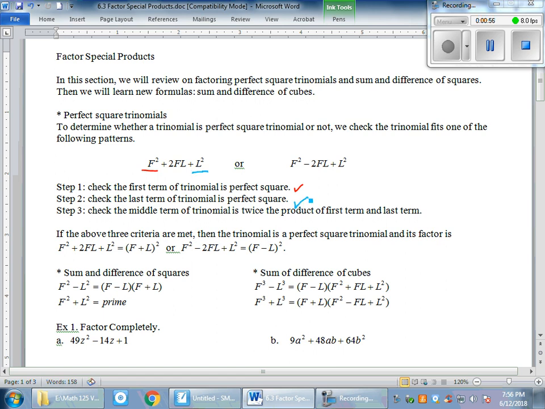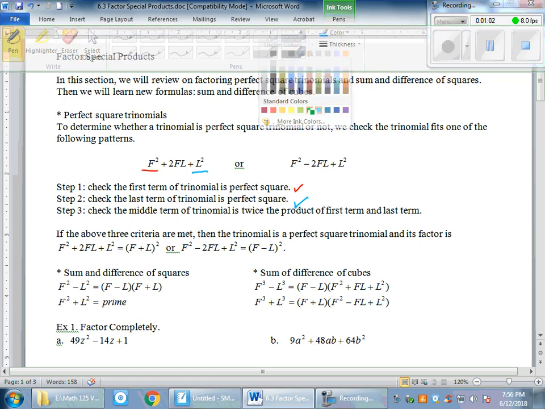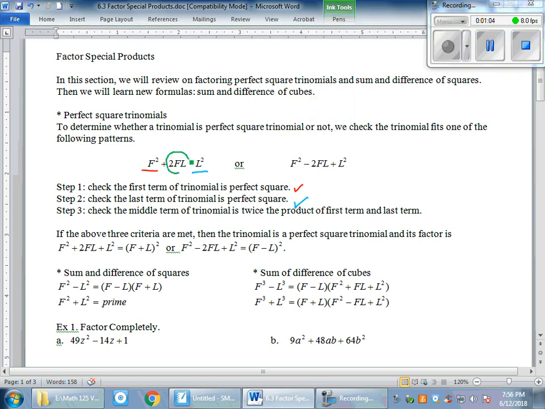And finally, you're going to check if your middle term is twice the first times the last or not. If these 3 criteria are met, then you know that it is a perfect square trinomial.